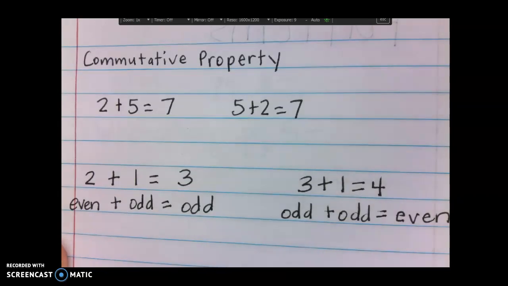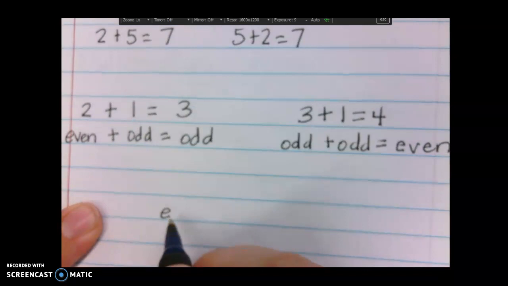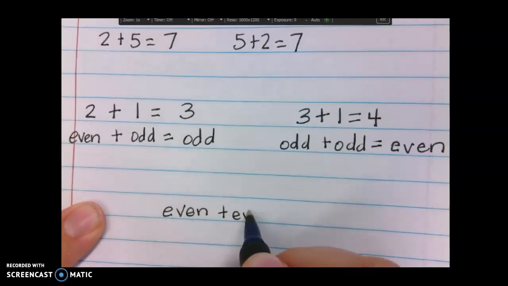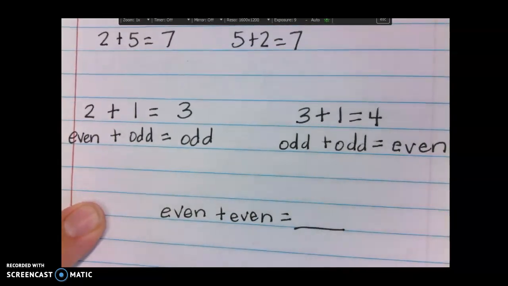But here's a question I have, and we didn't talk about this. What happens if I have an even number and an even number? What would I get, an odd or an even?